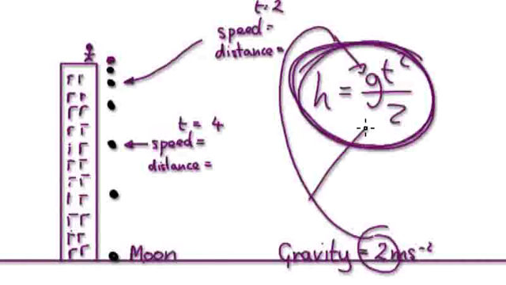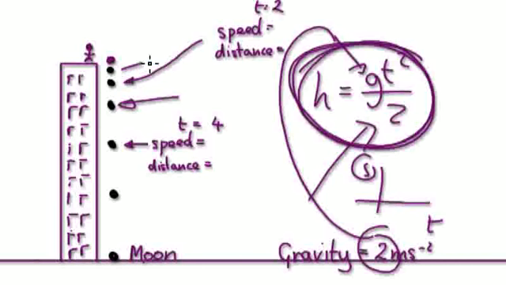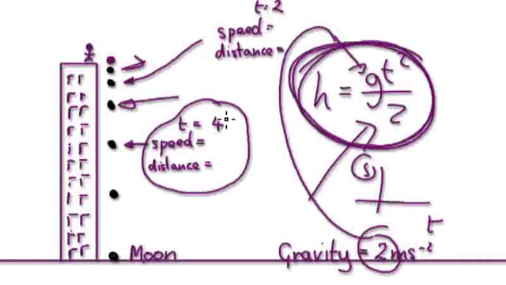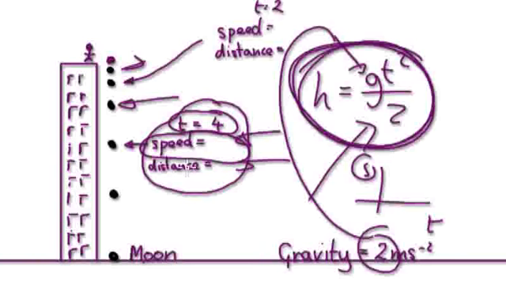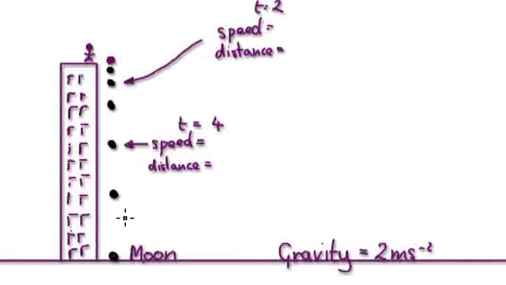Or do whatever you want. Either use this formula here, or use the speed time graph. For each second, write down t equals this, speed equals whatever, work it out, and then work out the distance. Okay. So for each one of them.